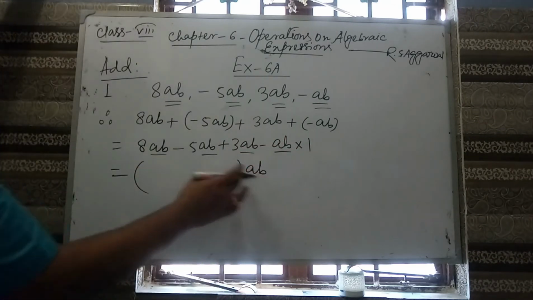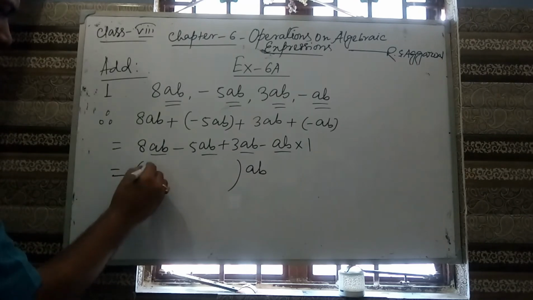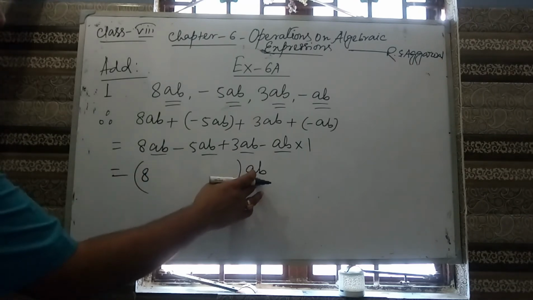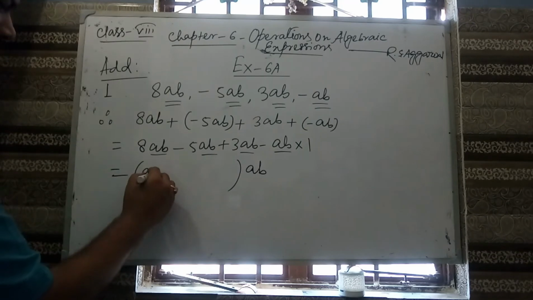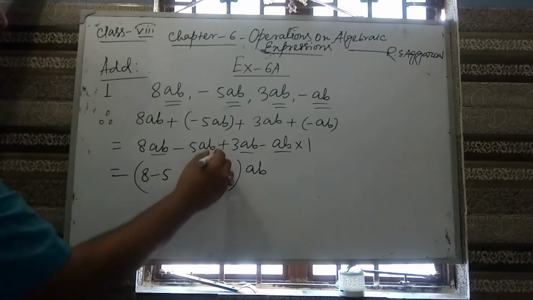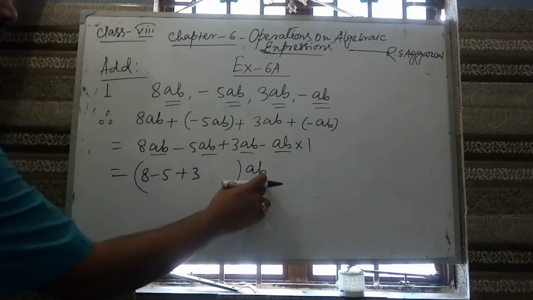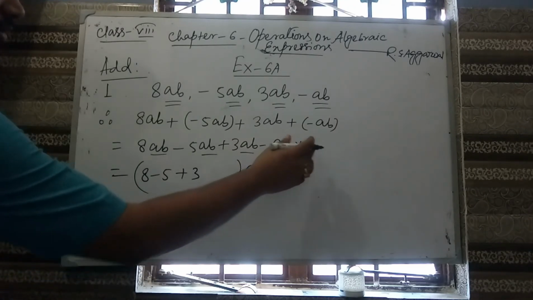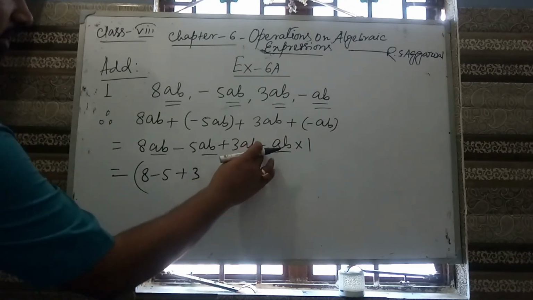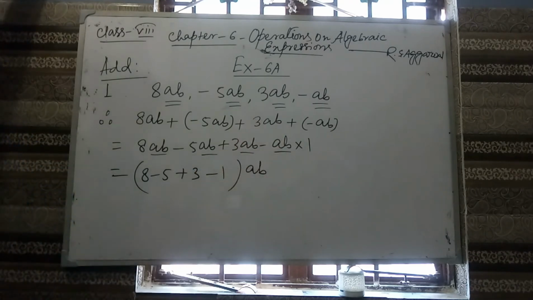Now when we take AB common from the first term, we are left with 8. From minus 5AB, minus 5 is left. Here plus 3 is left. Here AB is AB into 1, so we are left with minus 1. Any doubt in this step? Do you have any doubt?